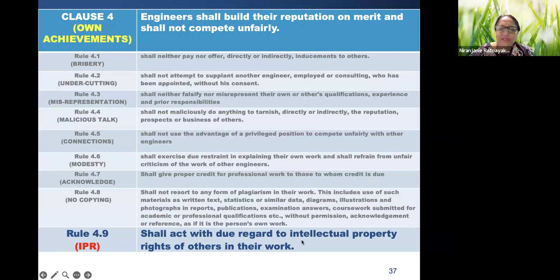Okay, intellectual property rights: if someone else has developed something and you want to use it, you should not just use it as your own. The property belongs to them. Hopefully they have registered it as their own product with a patent and all that.